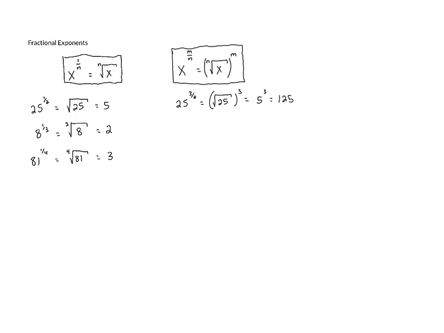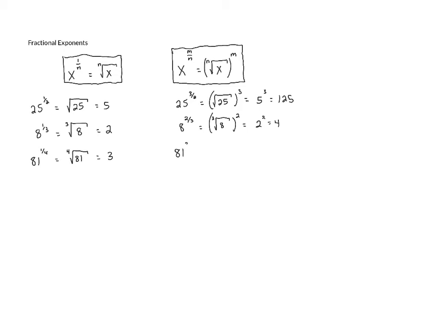So 25 to the 3/2 is 125. Let's look at 8 to the 2/3 power. Here, this is going to end up being the cube root of 8 and then squared. The cube root of 8 is 2, and 2 squared is 4. So 8 to the 2/3 power is equal to 4.